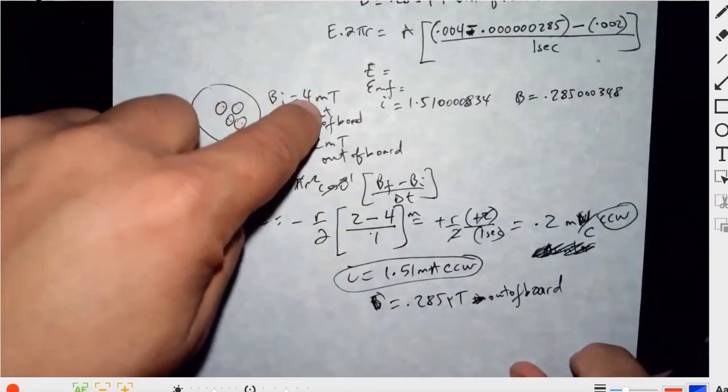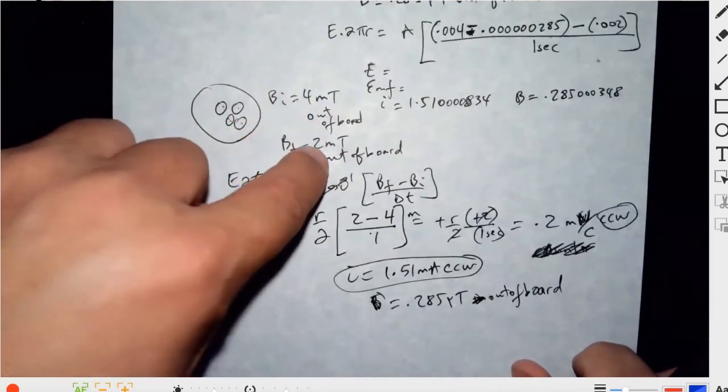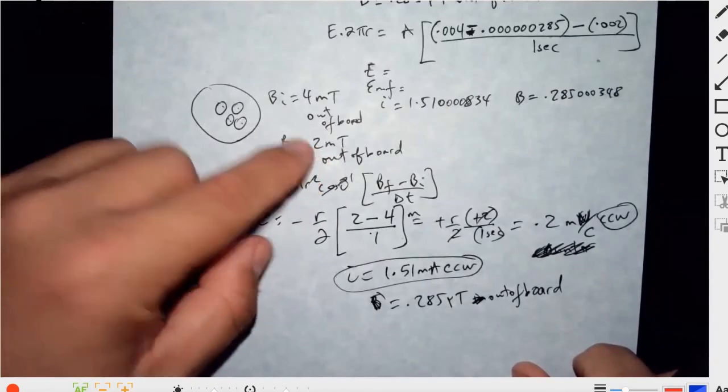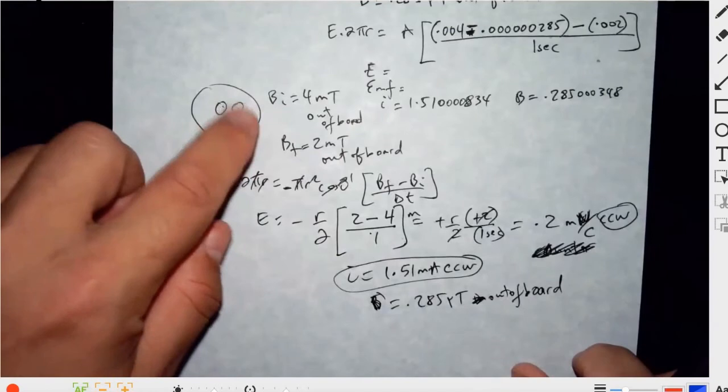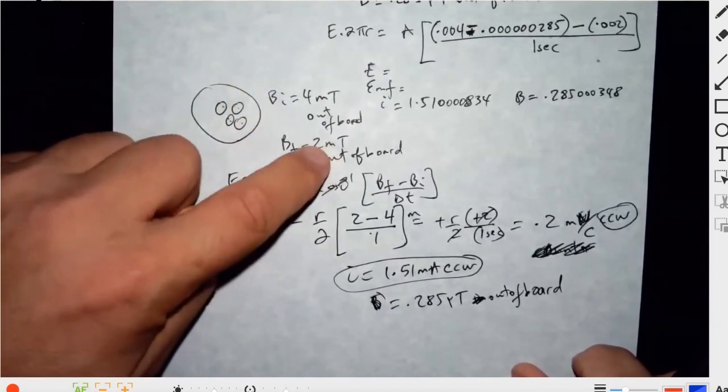The B is starting with 4, but it's getting weaker. And so therefore, the thing is afraid that the B field is going to start dying out.